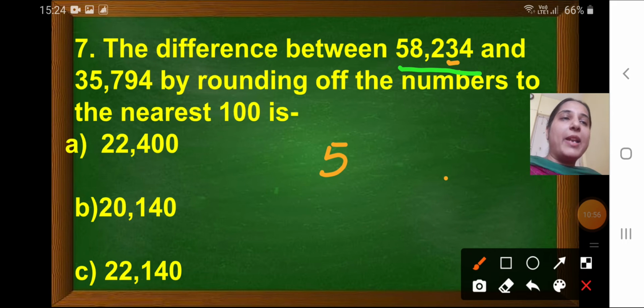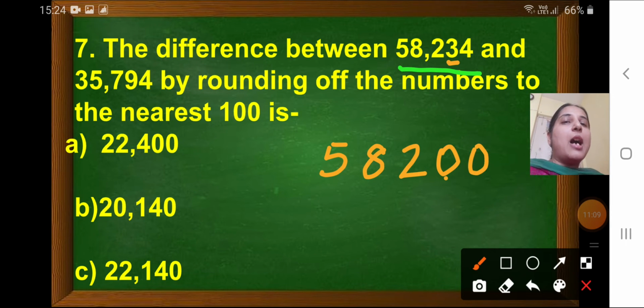which is less than 5. So what will be the round off of 58,234? It will be 58,200. Okay. And now let's round off the second number or the subtrahend here, which is 35,794.